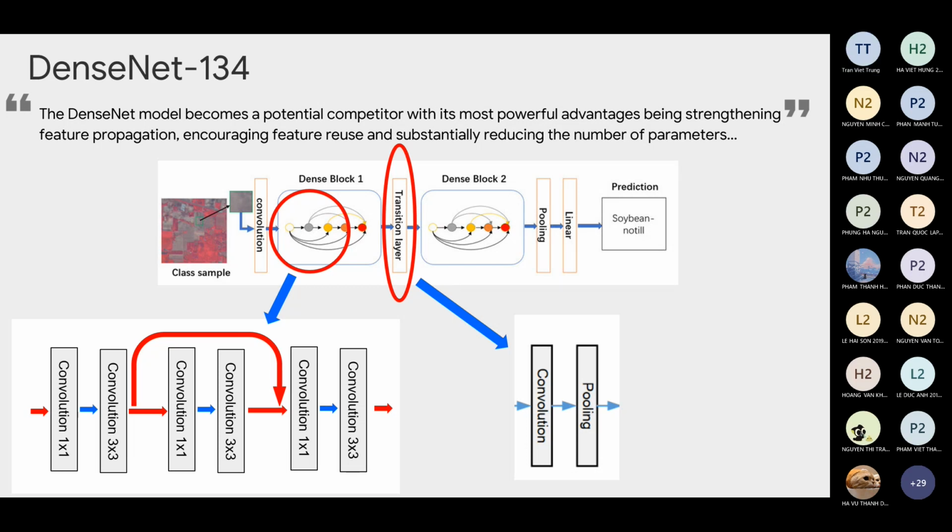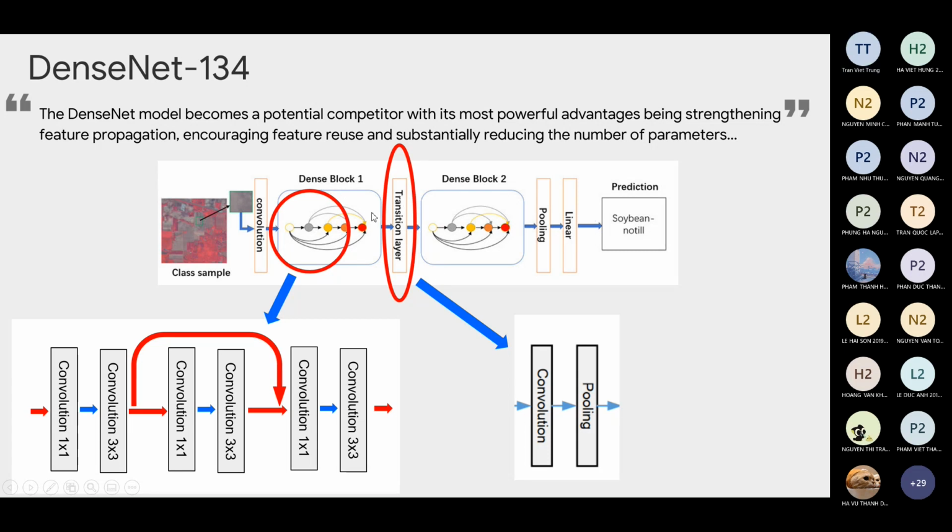And I will briefly explain the structure of DenseNet. DenseNet is a structure with some dense blocks. The image is transformed through a convolution at the beginning of the structure, and then the body has 2, 3, or 4 dense blocks.